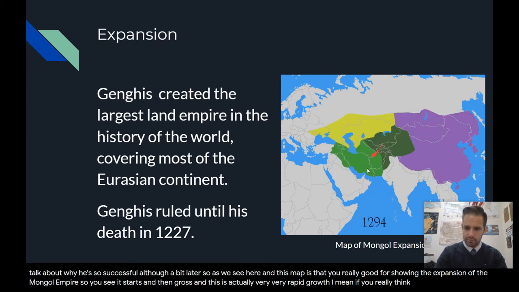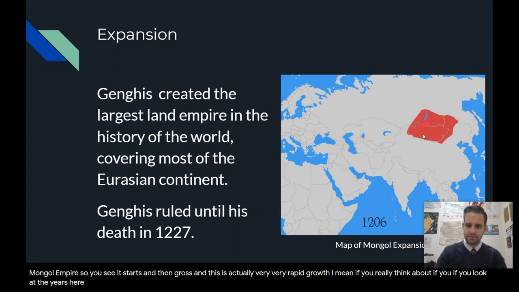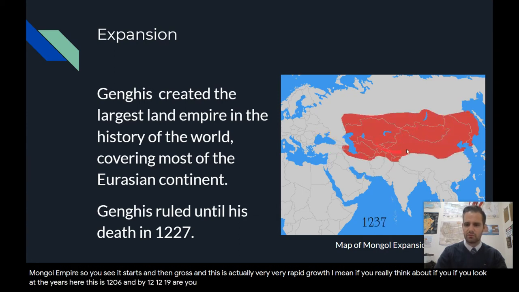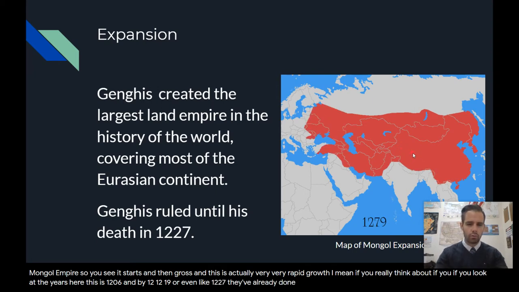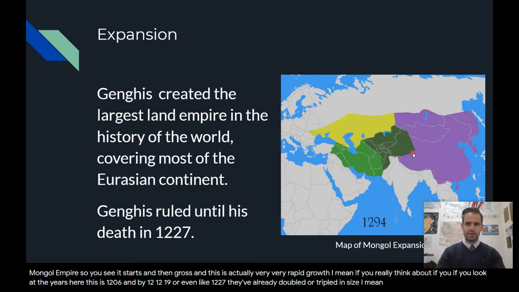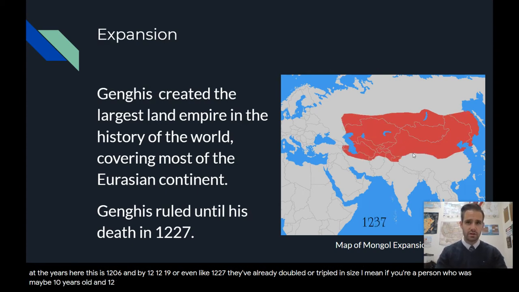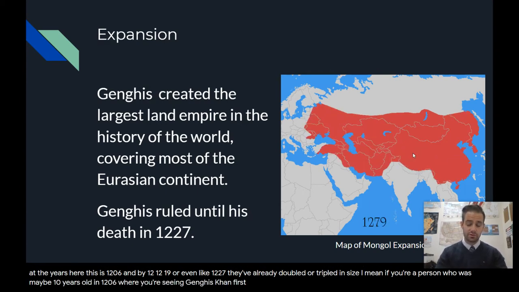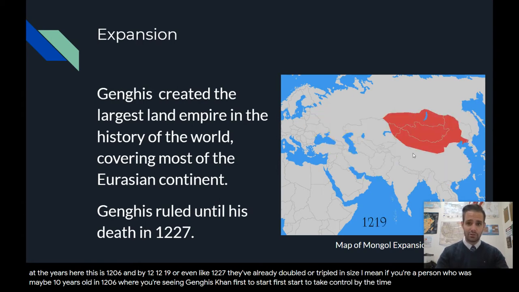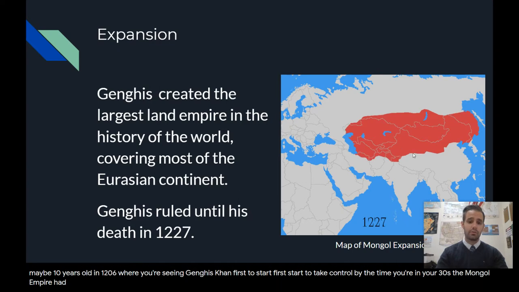I mean, if you really think about it, if you look at the years here, this is 1206, and by 1219 or even like 1227, they've already doubled or tripled in size. If you're a person who was maybe 10 years old in 1206, where you're seeing Genghis Khan first start to take control, by the time you're in your 30s, the Mongol Empire has doubled or tripled its size.